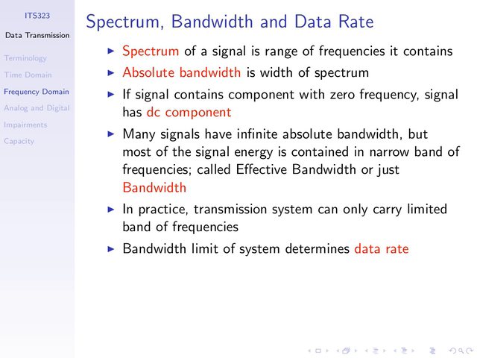As computer scientists, you're normally interested in this. You buy a communications link, you care about how many bits per second you can send. Well, where does that number come from? It's related to the bandwidth of that signal. So let's go through several examples that try to relate bandwidth and data rate.